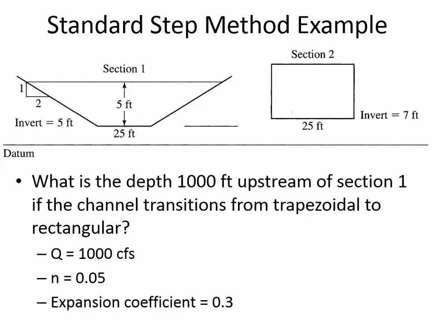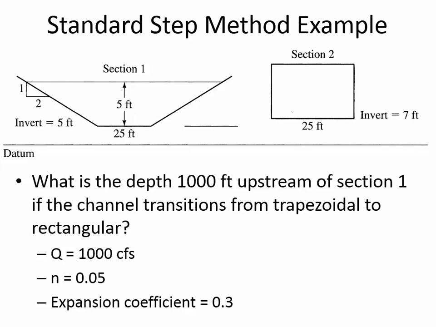So critical depth we can find by solving the Froude number. We know that the Froude number squared is equal to Q squared times the top width over g A cubed.